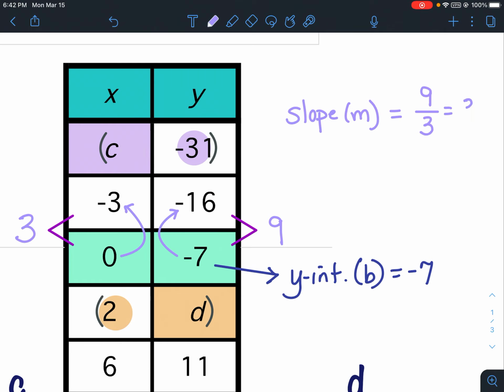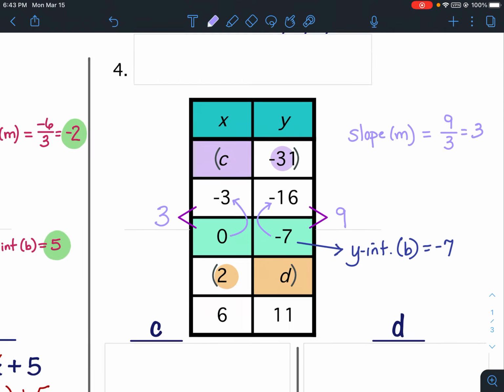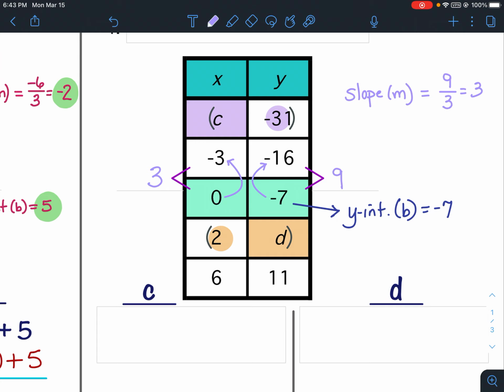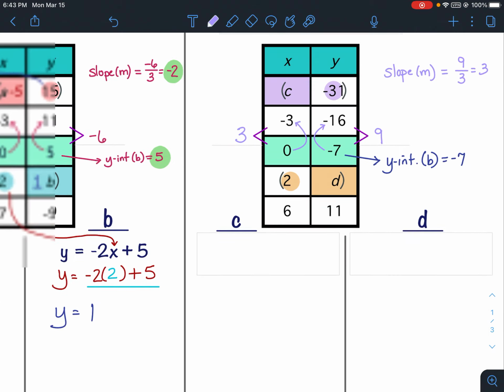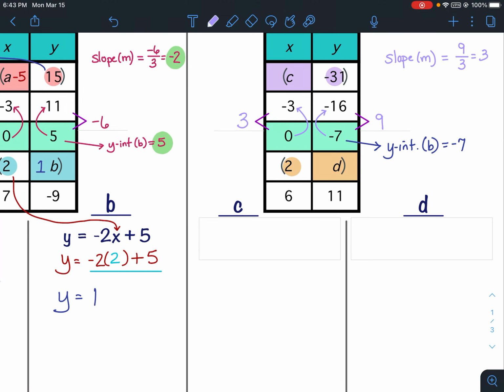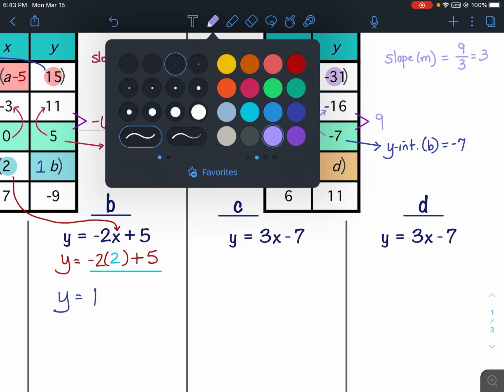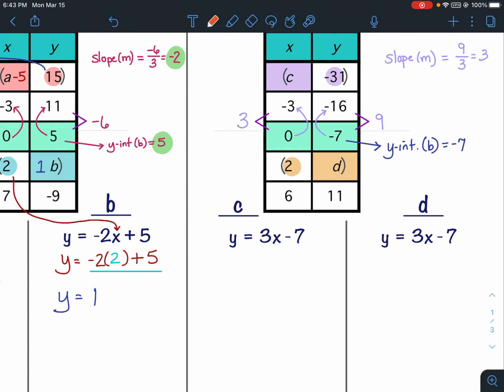Divide that out, and we get 3. So m is 3, b is -7. Y equals mx plus b. M goes in front of x, b goes behind x. Okay. So, take a moment, pause your video, and write down your equations.